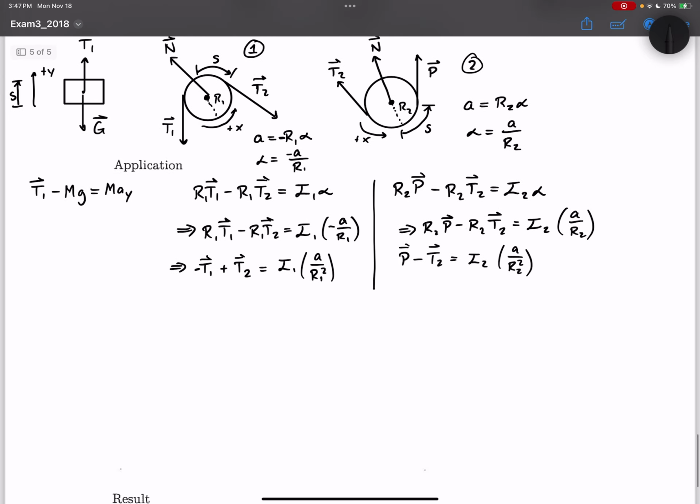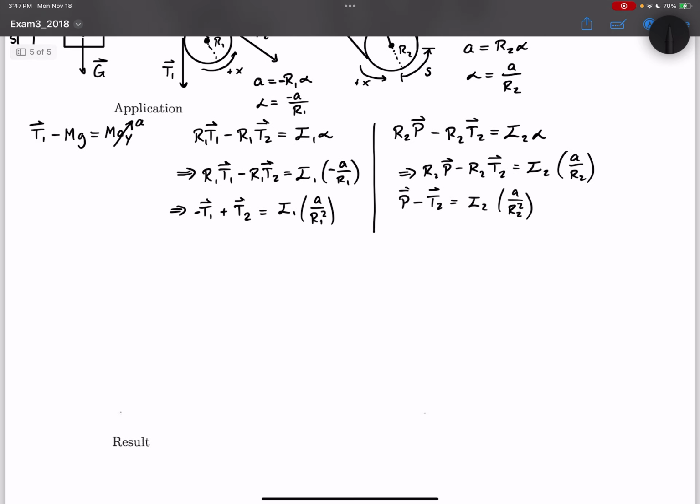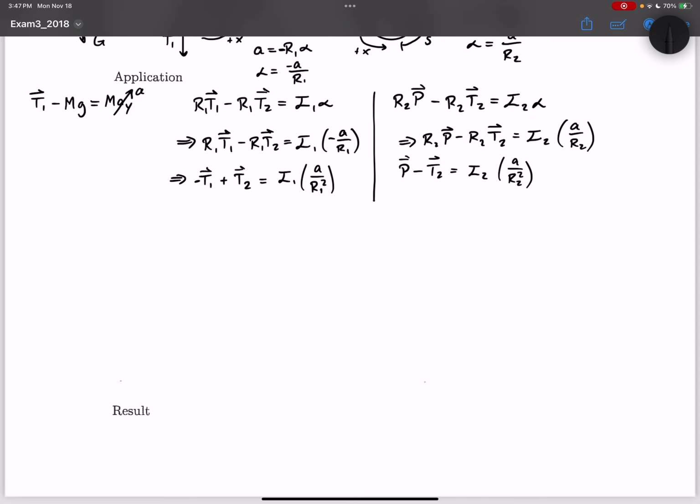Now we can add all these together because they're all expressed in terms of A. So we're going to add equation 1, equation 2, and equation 3 together.